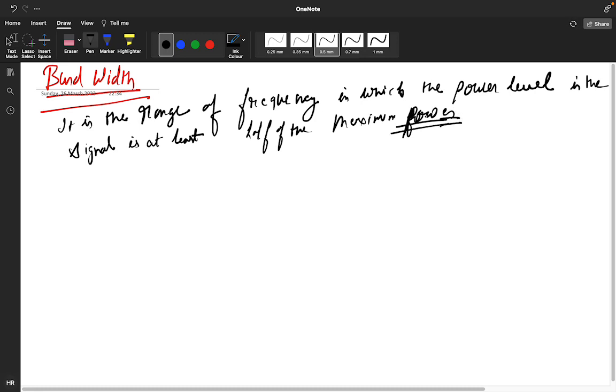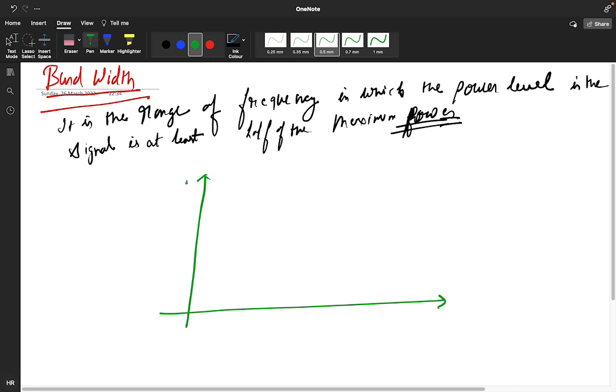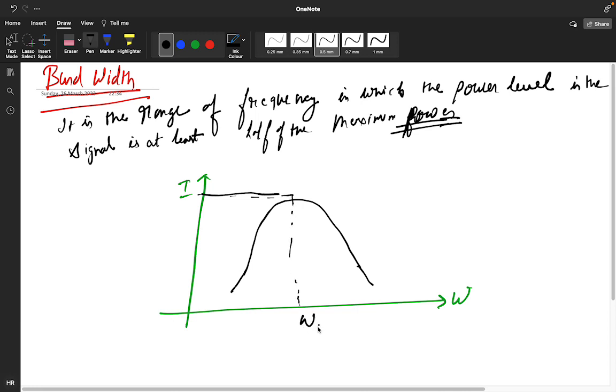So suppose this is the I and omega graph. We already discussed in the class. The graph was like this, somewhat. You are getting this particular peak at omega naught.